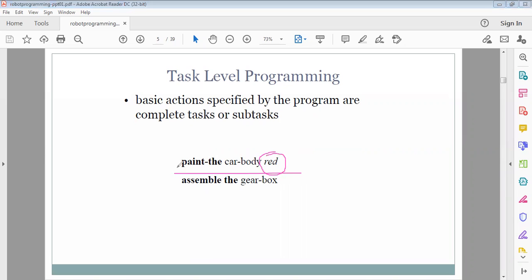So this is the task, and at this level of programming you have to write the task level program. The second example, assemble the gearbox. For assembling the gearbox, how do you write the task level program?